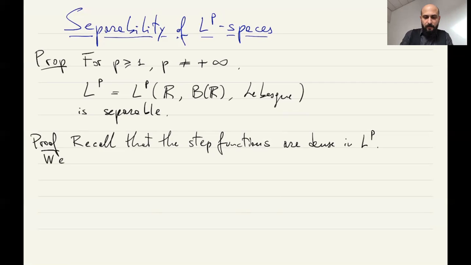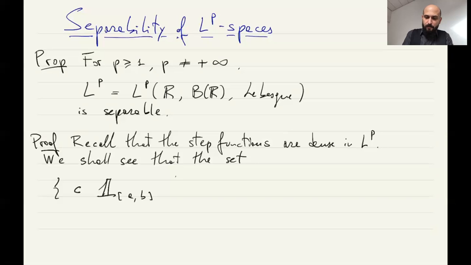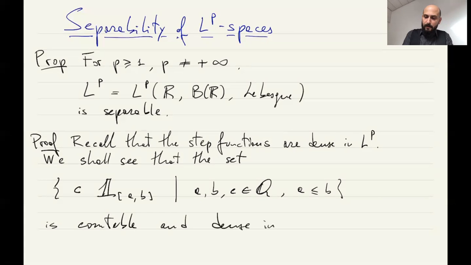And what we shall see is that the set of characteristic functions of intervals (a, b) with coefficients c, where we are assuming that a and b are rational and c is also rational, is countable and dense in Lp.